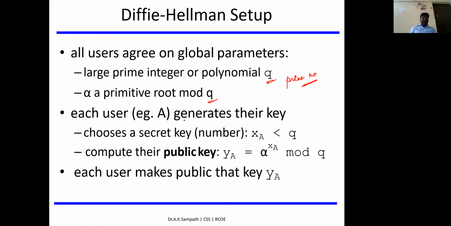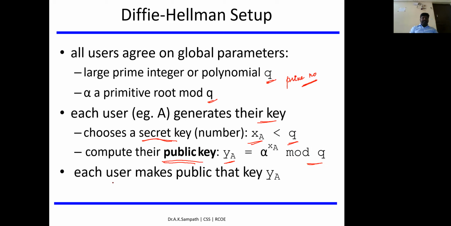Each user generates their key. That means if there are two users A and B, both users will select a secret key. The only condition is that it should be less than q. X of A should be less than q, and they calculate their public key, which is alpha power x of A mod q.